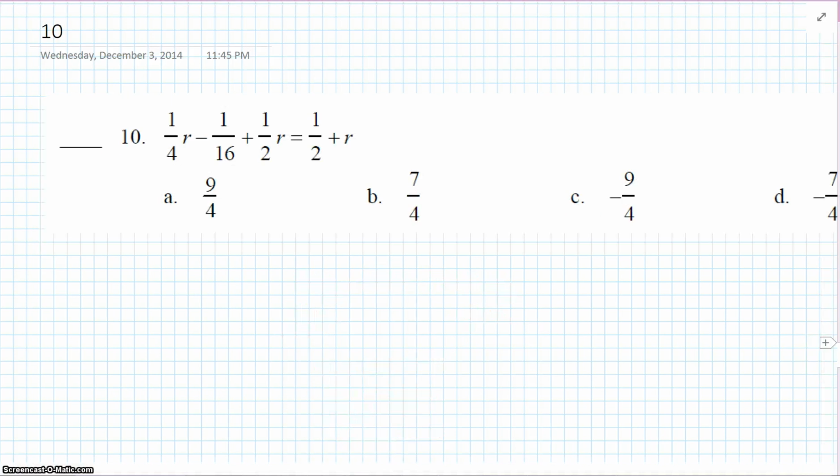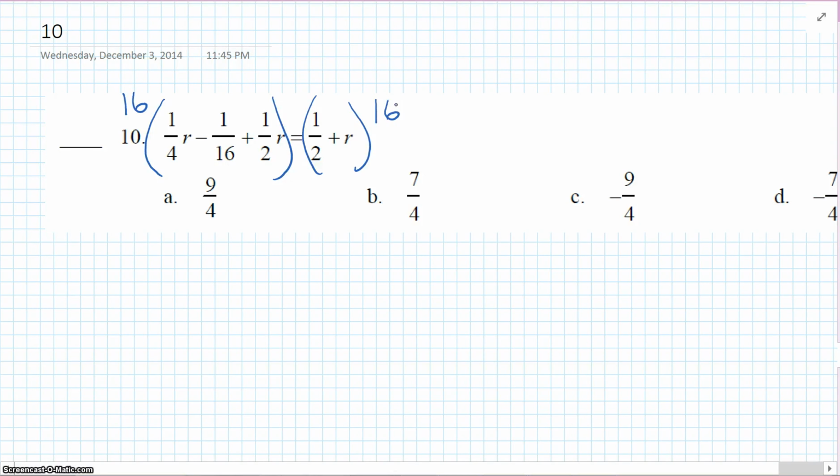Okay, number 10. All right, 1/4 R minus 1/16 plus 1/2 R equals 1/2 plus R. Okay, there's a few things we can do. We could just multiply both sides of the equation by 16 and then go from there. So, I mean, you don't have to do it that way. There's a few other ways you could do it, but let's just go ahead and do that. Multiply the left and the right by 16.